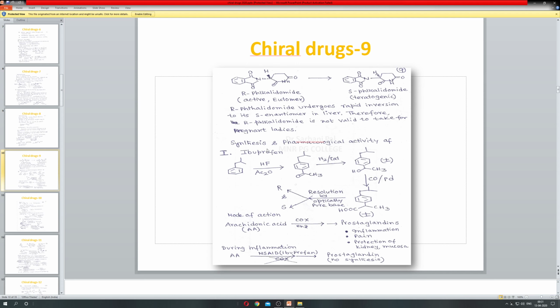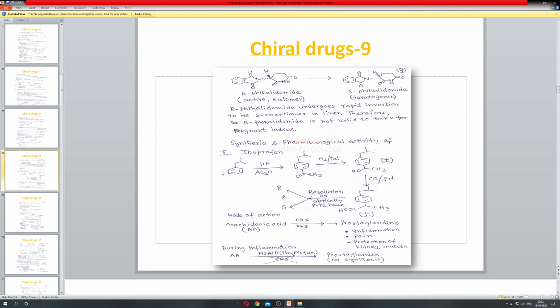Now let us go to the synthesis of ibuprofen and its pharmacological activity, meaning mode of action. Now we are starting from isobutyl benzene.